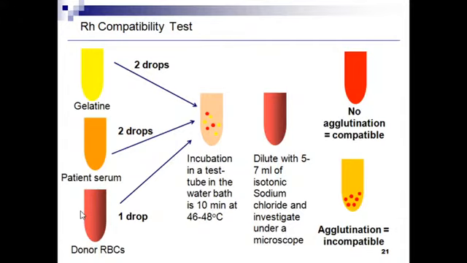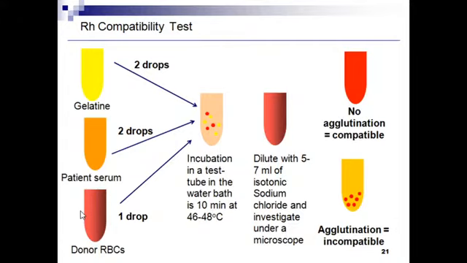We should mix them in the test tube and put into a water bath for incubation during 10 minutes at a temperature of 36 to 38 degrees. After incubation, we should dilute the portions with isotonic sodium solution and investigate under the microscope.